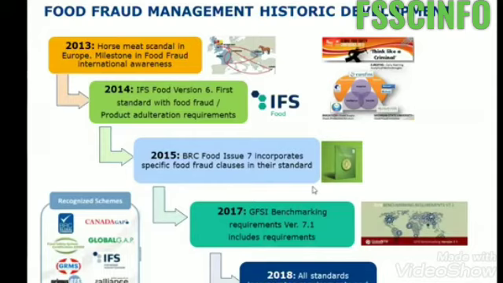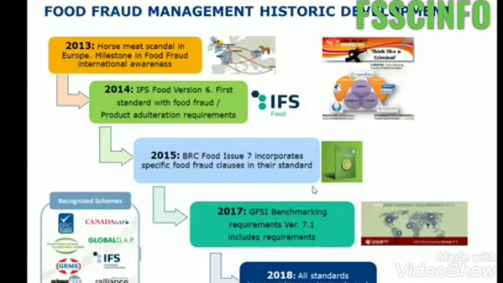Based on this scandal, in 2013 at the GFSI conference, the Global Food Safety Conference, they developed a think tank group from professionals, from different labs, from certification bodies, from certification scheme owners, from retailers. They gave them a task to develop a GFSI guideline for handling and managing food fraud.